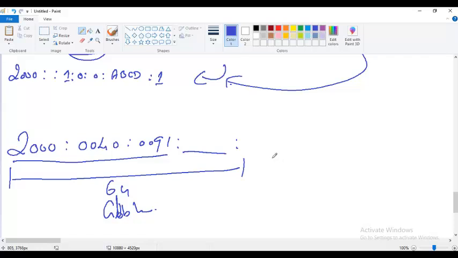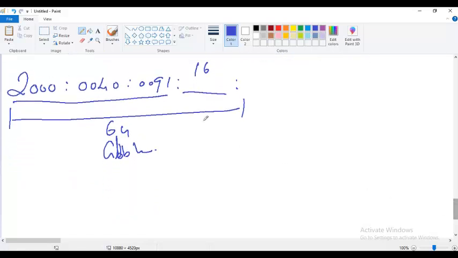For example, here how many bits do we have? In binary, 16 bits. See, 16 multiplied by 8 is 128, correct? This is 8 hextets. We just now saw those things. So now you got 16 bits. 2 to the power of 16 is 65536.